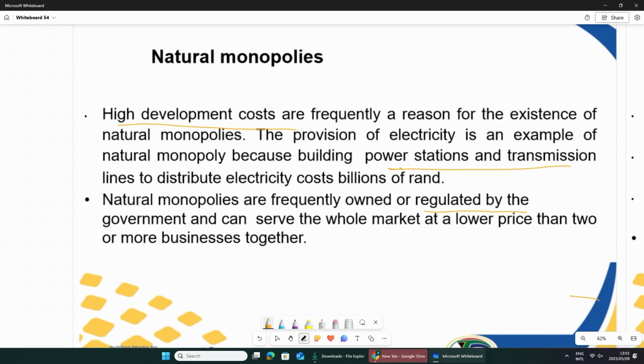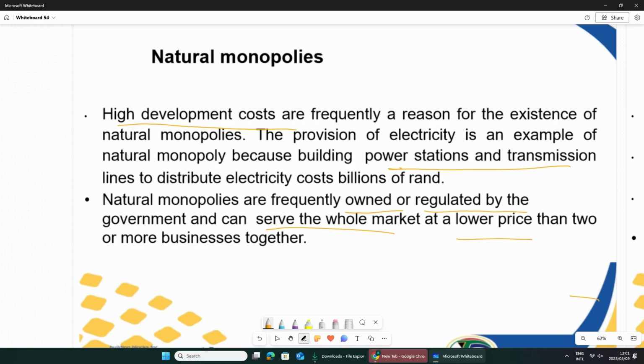Since it has high costs, billions of rands that are required, the government is the one that will come in and provide them. They tend to be owned and regulated by the government so that they can serve the whole market at a lower price instead of having more businesses.